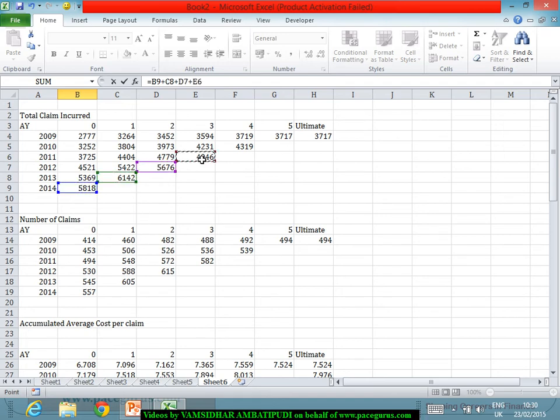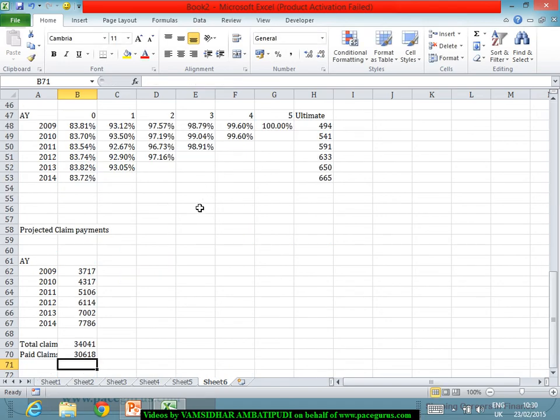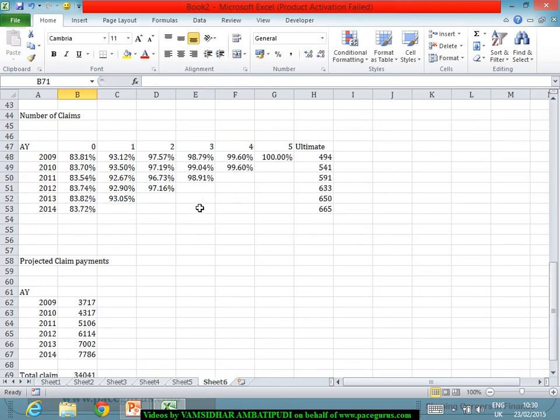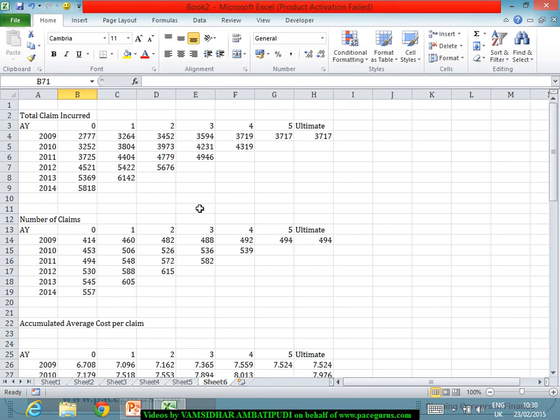Those are the ones that are paid till date. So I am considering these resulting in around the claims that are paid till date. Yes, these are the claims that are paid till date.